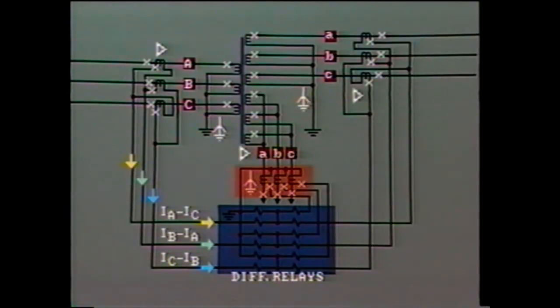Now let's look at the current flow in the tertiary CTs. The current in each phase of the tertiary winding corresponds to its primary, IA, IB, and IC. However, as the transformer is connected in delta, the line currents will be different. For example, in line A, the current this way is IA minus IC, shown by a yellow arrow.